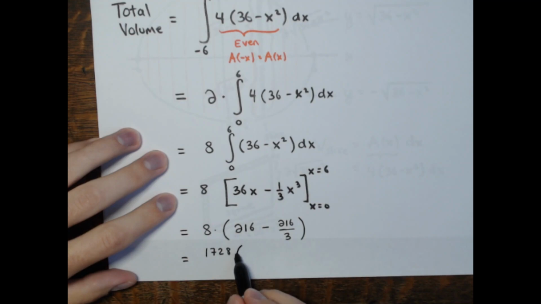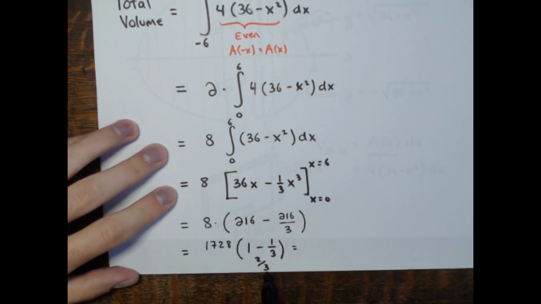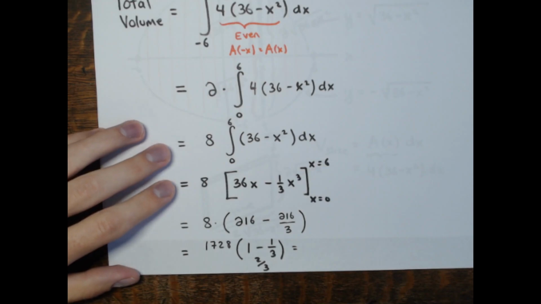Pulling 216 out, 8 times 216, 1728, and then 1 minus 1/3, right, when the 216s are gone. So that'd be 1728 times 2/3. The nice thing is, though, 3 goes into 1728 evenly.